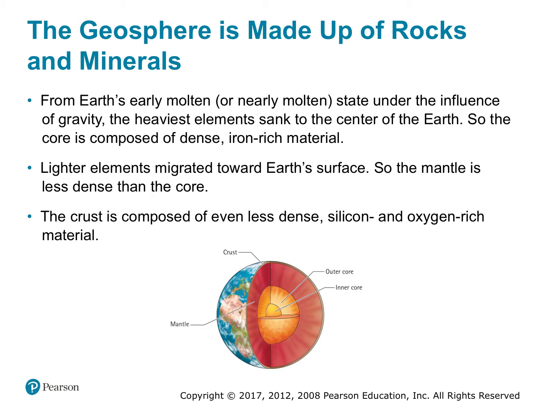There are some other heavier elements like nickel in there, but mainly it's iron. The mantle is a region that's made up mostly of silicate materials, silicate-based rocks, and then surrounding it all is this very thin layer which we call the Earth's crust, and it's made up of various other lighter compounds.